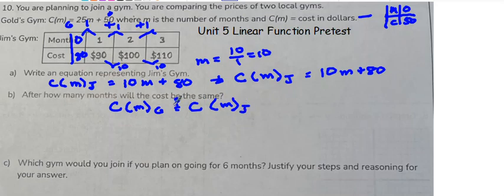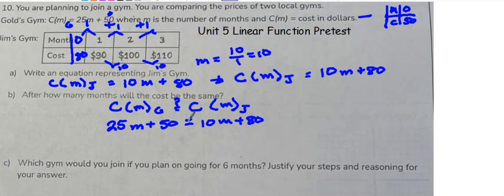So let's set the two equations equal to each other: 25m plus 50 equals 10m plus 80.